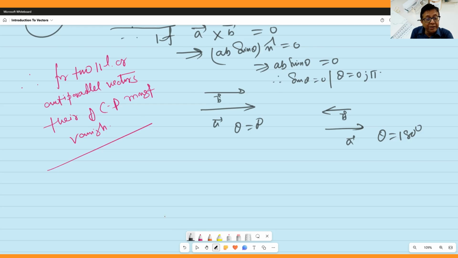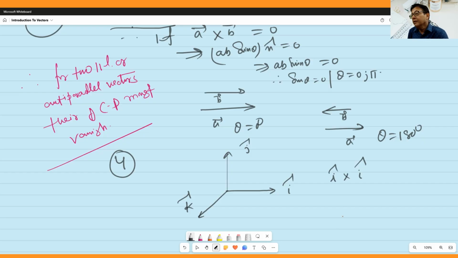So let us make another observation: in 3D coordinate geometry, what's the result going to be for I cross I? Angle is 0 degree, so this is going to be 0.